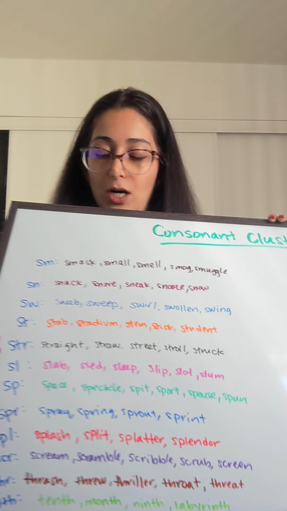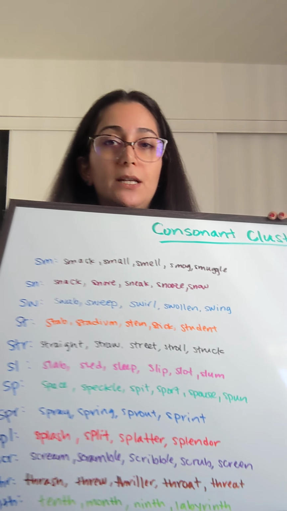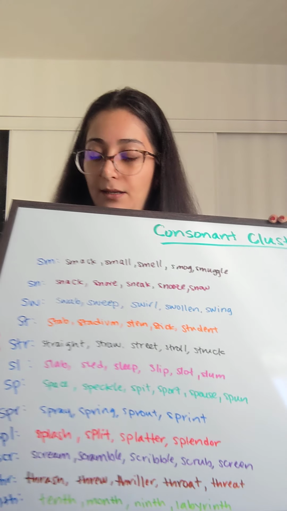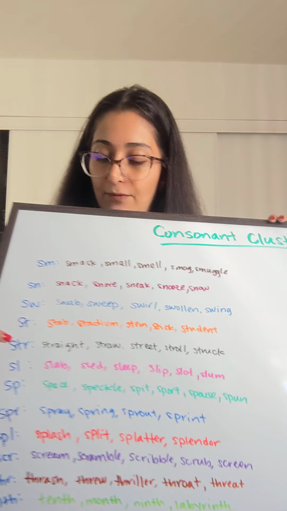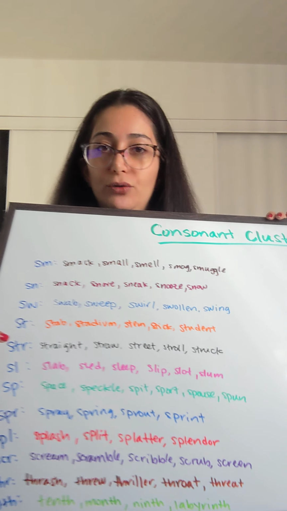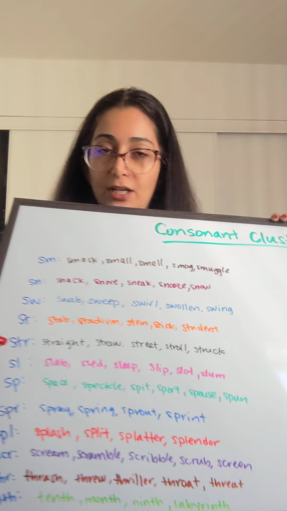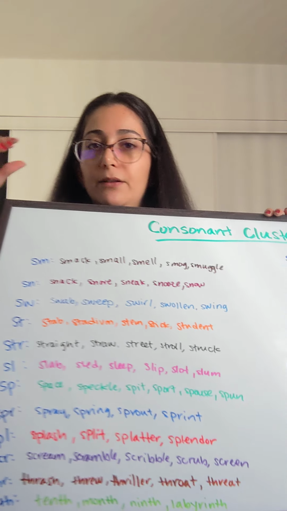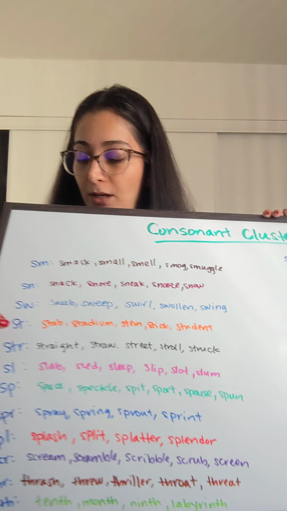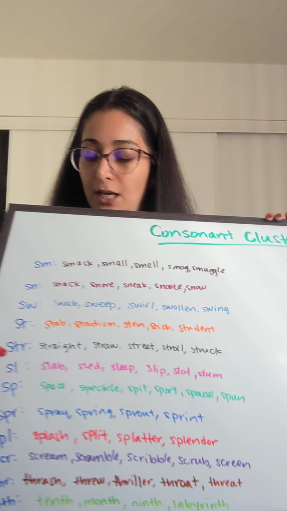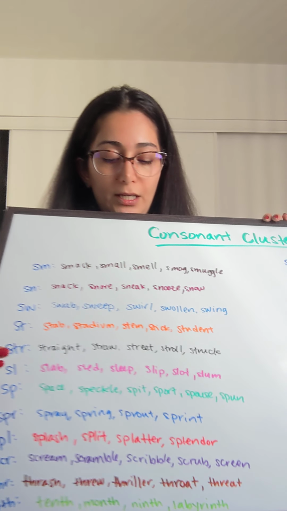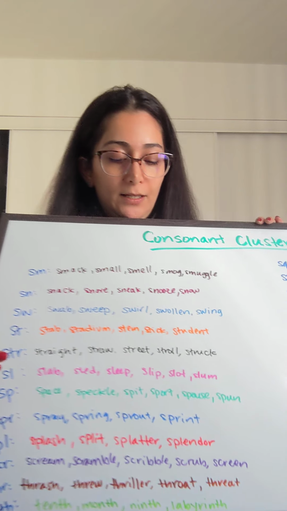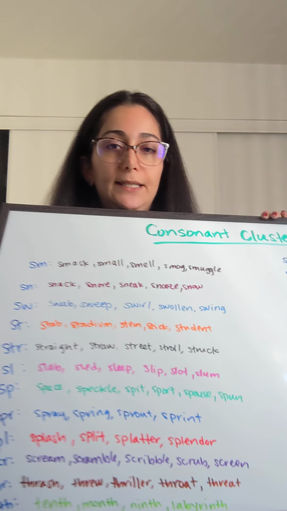Then we have STR. This one gets a little more complicated because there are three consonants in the same cluster, in the same little bunch. We have str. If you can make this one, you're just going to add that R sound until it gets fluid and moves pretty quickly between the sounds. Straight, straw, street, stroll, stuck.